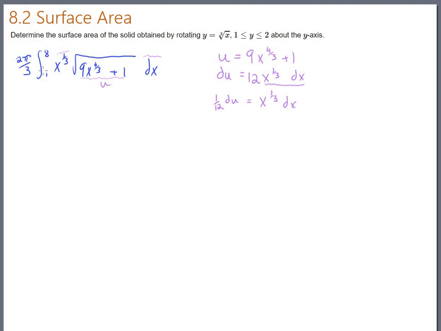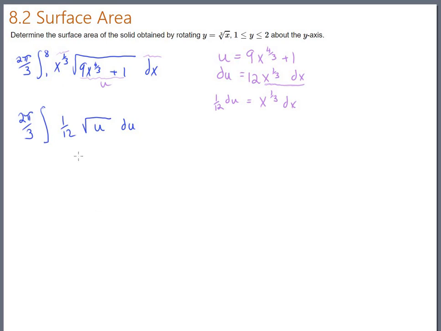And I think I'm ready to make my substitutions. So 2 pi over 3 is a constant. Going to leave the limits of integration off until I get back into the x world. But for my brief foray into the u world, I have the square root of u, and x to the 1/3 dx is the same thing as du over 12.